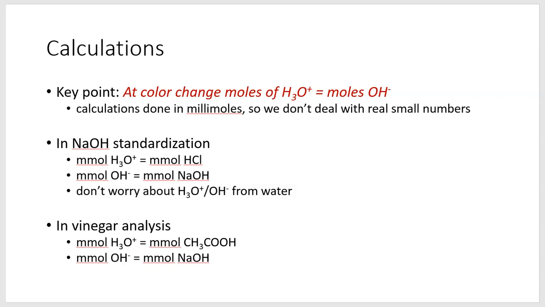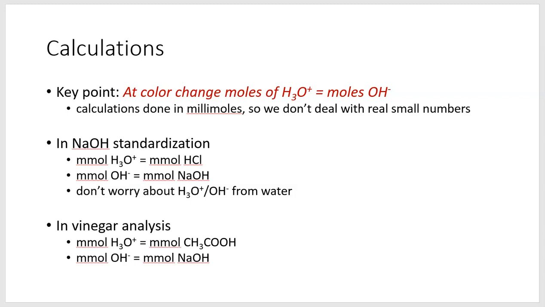But in the NaOH standardization, it's a monobasic compound. It can only react with one H+, and so the millimoles of OH- are equal to the millimoles of NaOH. And hydrochloric acid is monoprotic. That just means it can supply one H+.